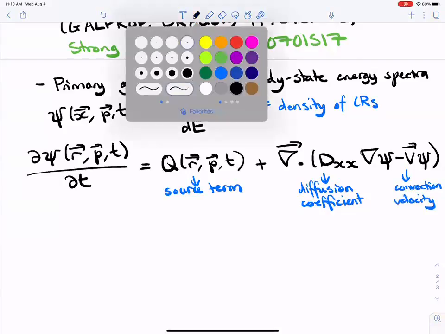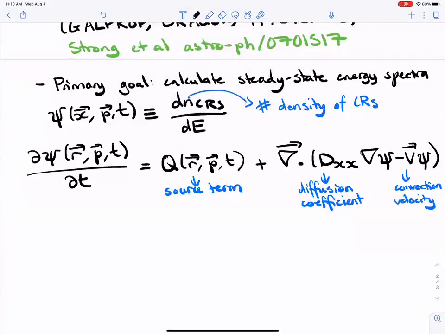You can have what's called a reacceleration process, which is basically diffusion in momentum space. So like interactions of particles with effects that can accelerate them, like passage through supernova shocks, and cause the particles to undergo a random walk in momentum space as well.